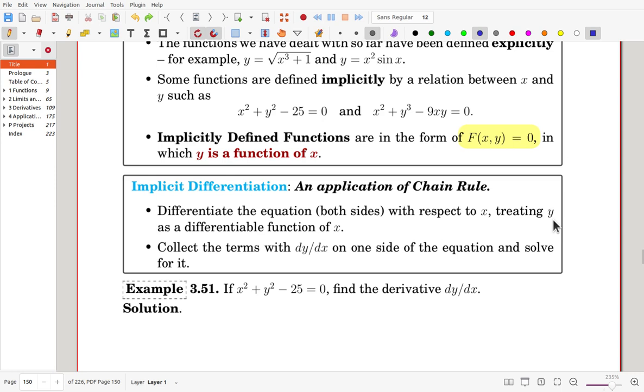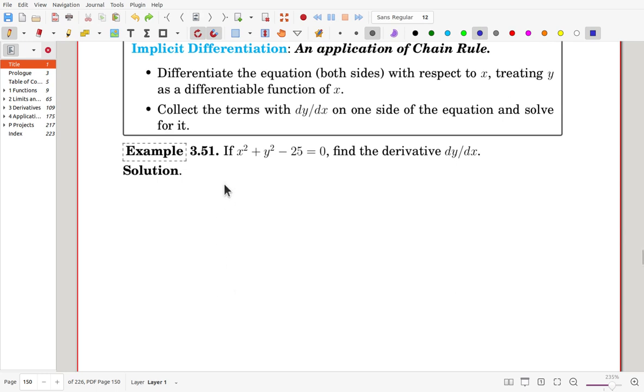So we treat y like some variable u, as you considered earlier, and we collect terms with dy over dx, which is y prime, on one side, and solve for it. And so implicit differentiation is an application of the chain rule. Let's see this example.